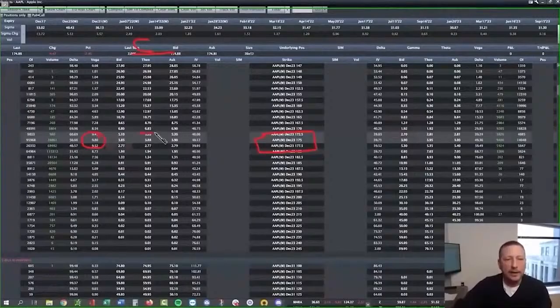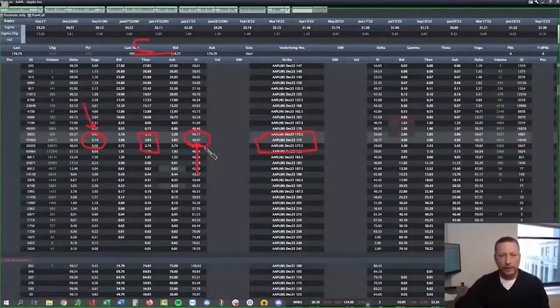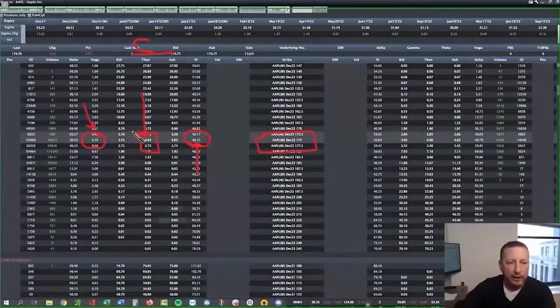Right now, we can see the current price of the December 23rd 175 call option is about $3.88. The implied volatility of that option is about 40%. The Vega is almost 10. If I adjust this implied volatility by just 1 point, up or down, we should see the value of this option right here change by roughly 10 cents.